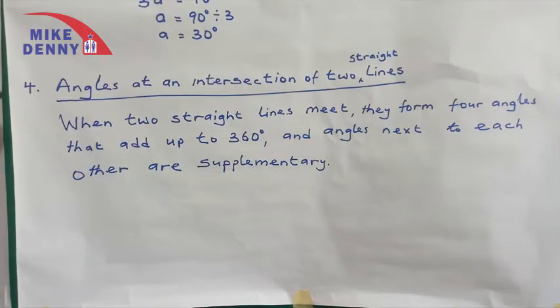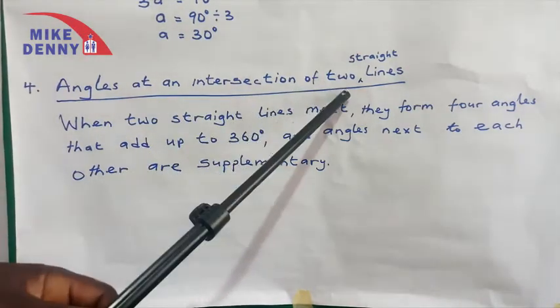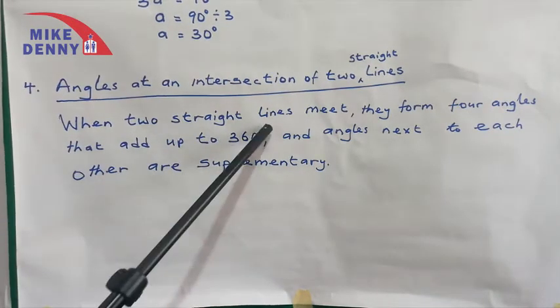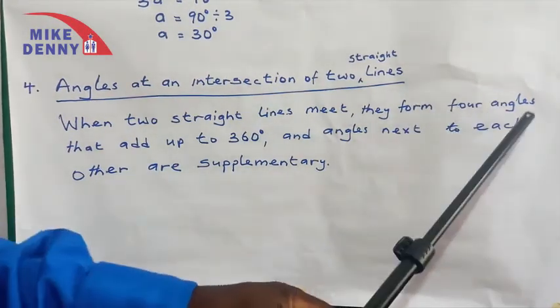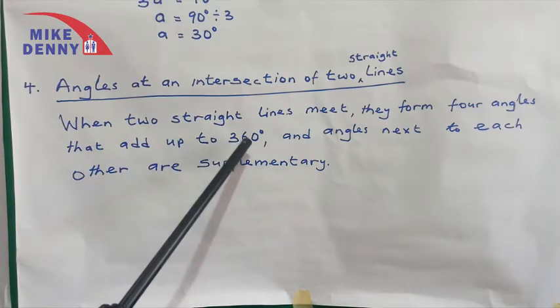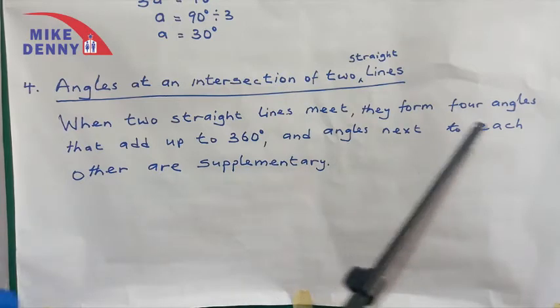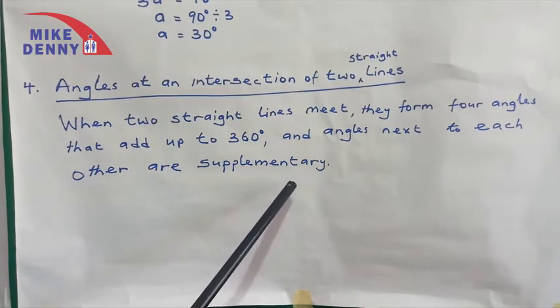Lastly, we look at angles at an intersection of two straight lines. When two straight lines meet, they form 4 angles that add up to 360 degrees. And the angles next to each other are supplementary.